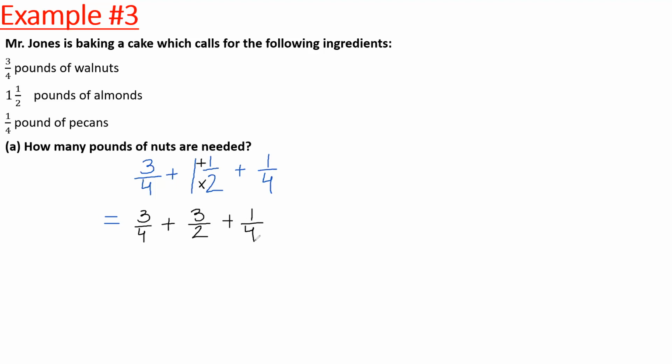All right. Now next, what is the next thing we're gonna do? We have to find the lowest common multiple. Very good. So we have to find the lowest common multiple of 4 and 2.